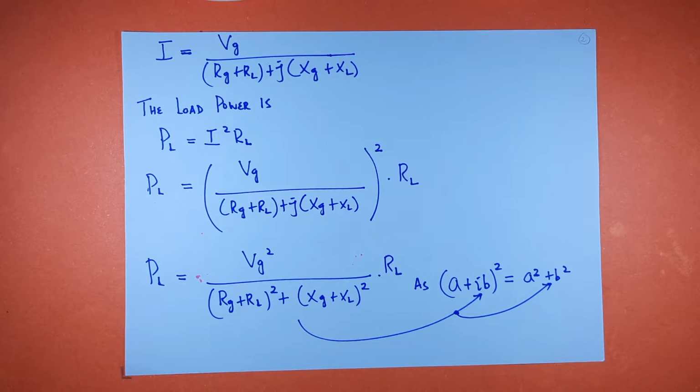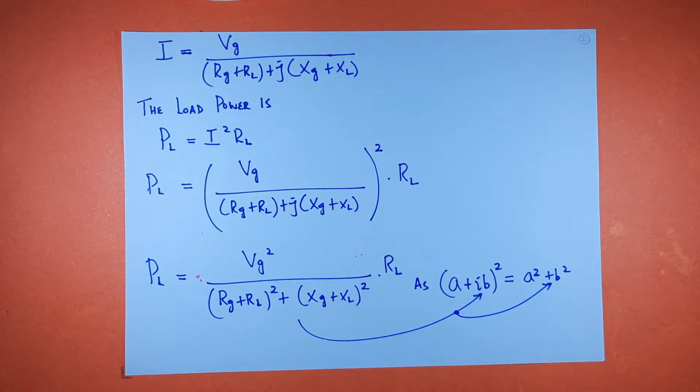The load power, that is the power at the load, we denote by PL, which is nothing but I square into RL, the power dissipated at the load. So PL equals I squared RL, just substitute I as Vg divided by Rg plus RL plus j into Xg plus XL, the whole square, into RL. You square both the numerator and denominator.